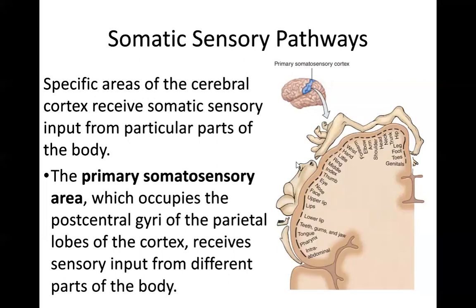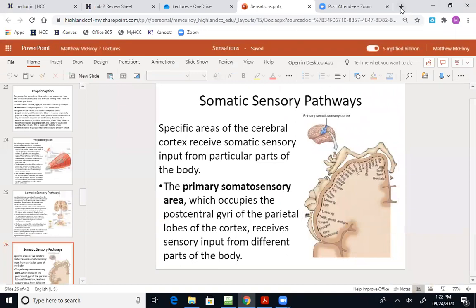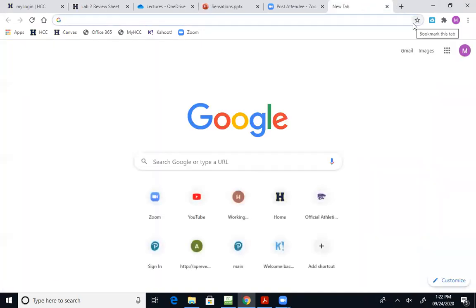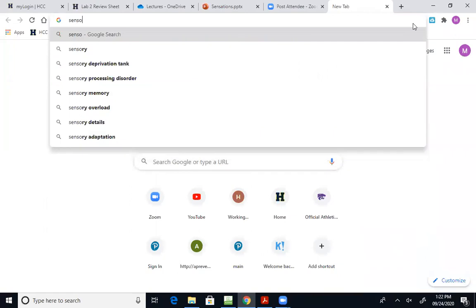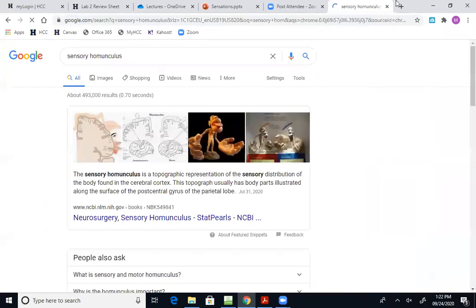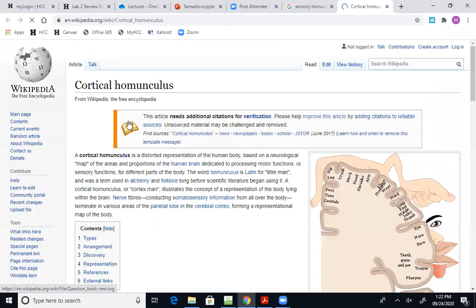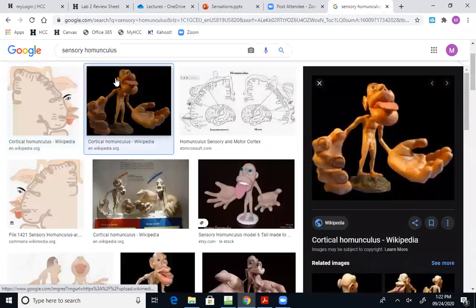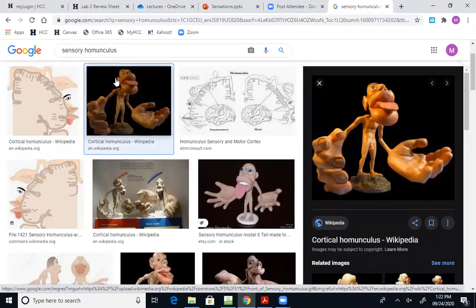What's shown here is actually called a homunculus, specifically a sensory homunculus, which, as you can see here, but oops, I did not mean to click on that. You can actually buy models to mimic the homunculus.